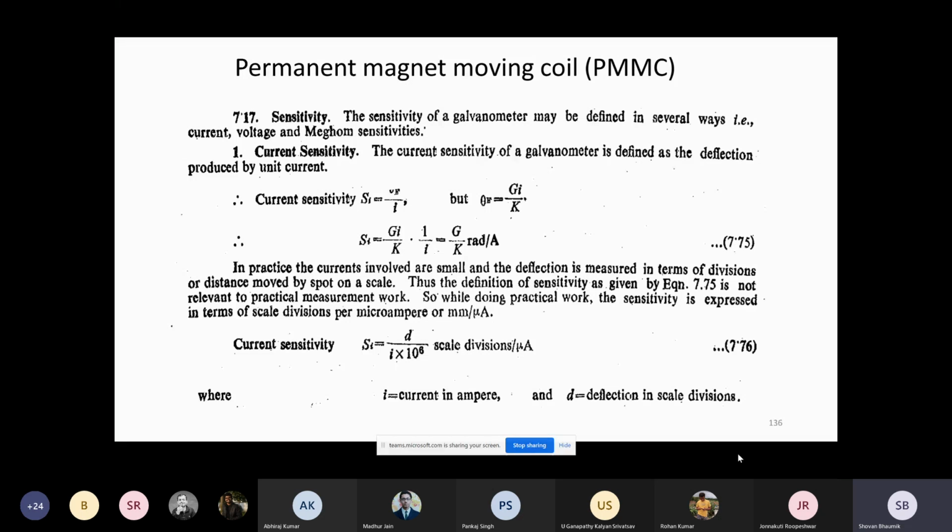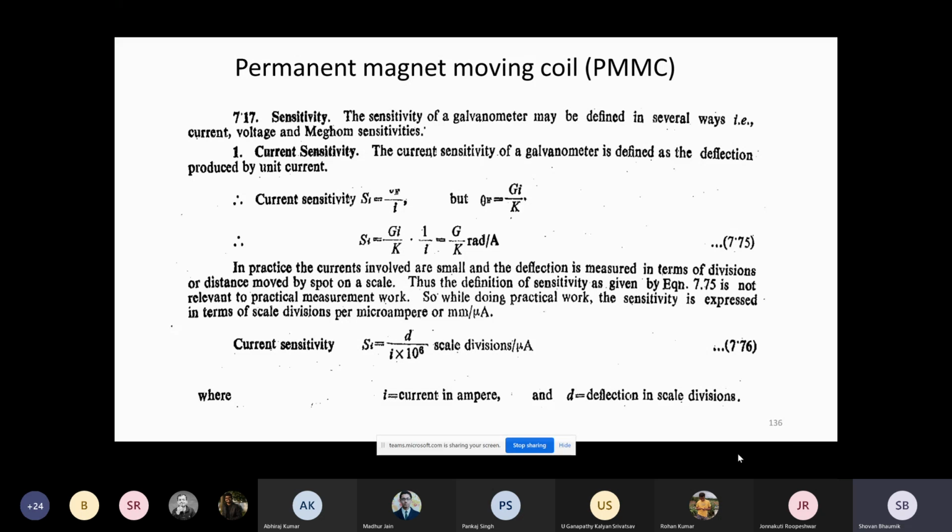So you see that in practice G by K is the current sensitivity. To get high current sensitivity, we always want a highly sensitive instrument.